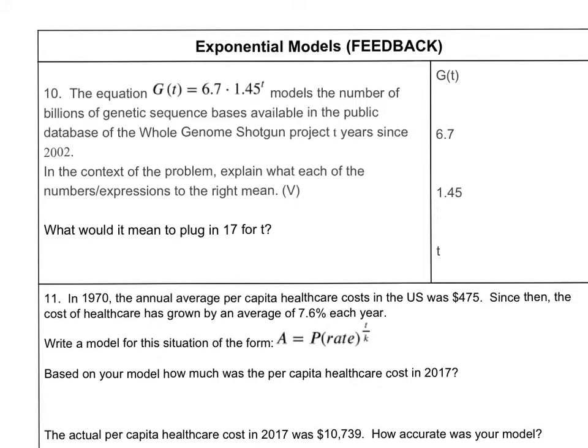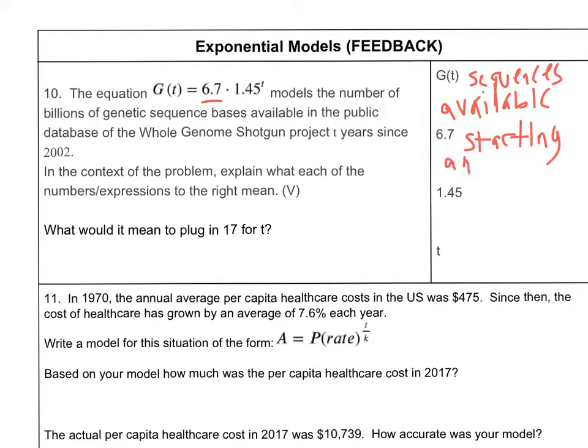G of t is going to be the sequences available. 6.7, that's our starting amount. 1.45 is going to be 45% growth.